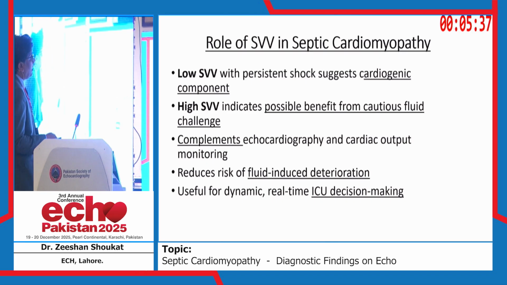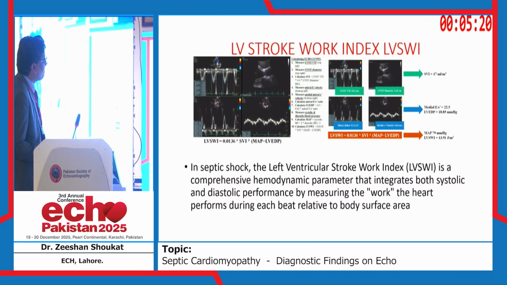When there is a low stroke volume variability, it suggests that the patient is less likely to have septic shock, and that the patient might have cardiogenic or obstructive kinds of shock.